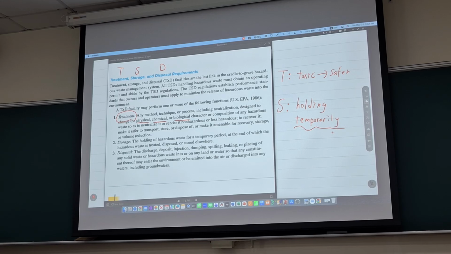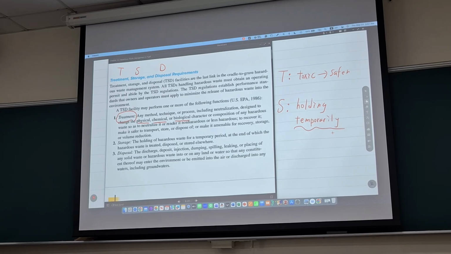This is temporary, not forever. So this is not the final solution.